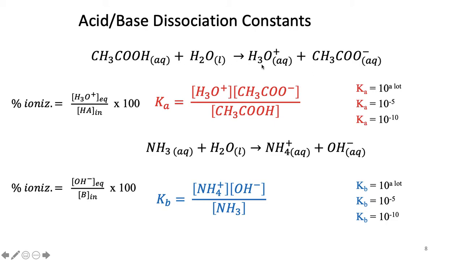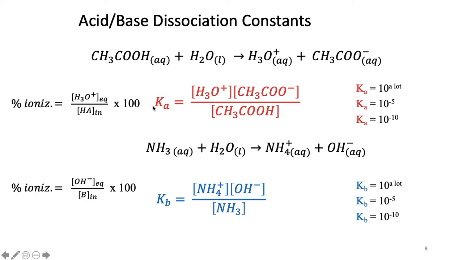Notice that because it's a 1-to-1 ratio, I don't have any powers other than 1. And typically, because we transfer a hydrogen 1 at a time, they're all going to be to the first power.